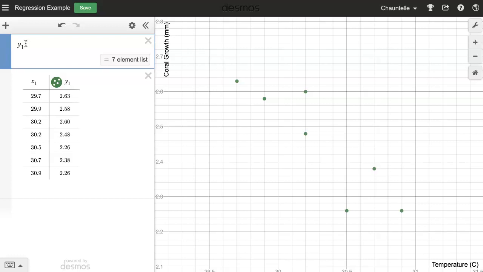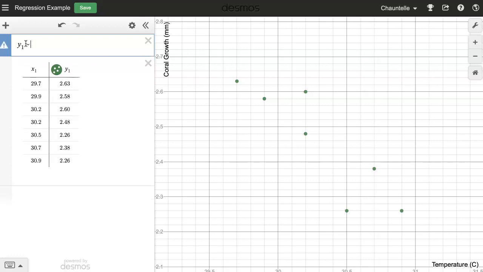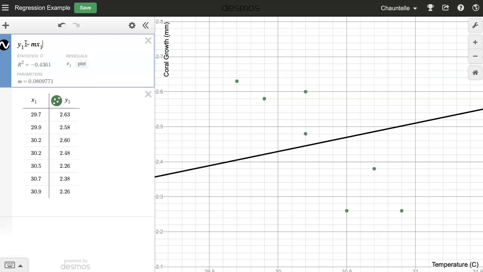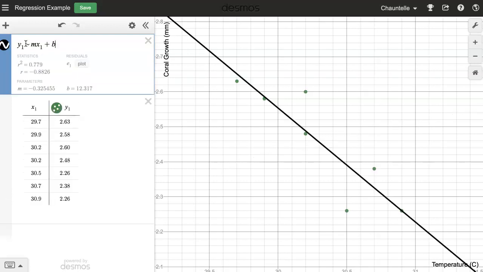Now, instead of an equal sign, I'm going to do the tilde, the squiggly line at the top left of your keyboard. So y1 is regressed with m and then x1 plus b. And you may have seen right away, before I even put the b in, that it popped up with all these statistics here. Okay?